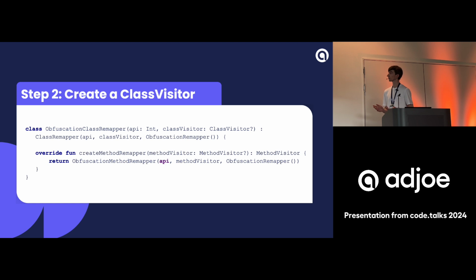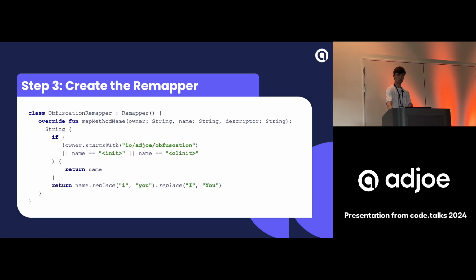For this class remapper, it is super simple. We have to override only one function to create a method remapper, because in this case we only care about methods. Let's take a look at this obfuscation remapper that we're passing. It looks like this. This obfuscation remapper overrides again just one function to change method names. And here, we are replacing the letter I with U, just for fun. This is a simple renaming.